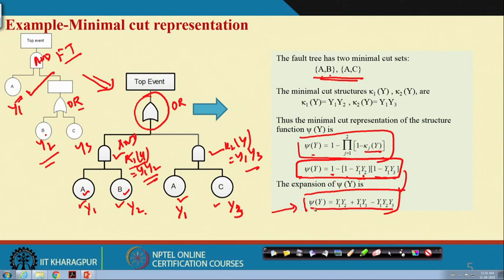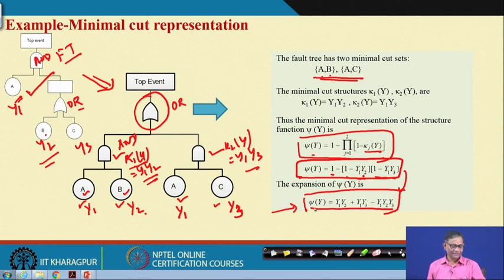Okay. But when you make the minimal cut representation, things become easier because of this simple structure with OR and AND gates only. First find out the AND gate structure functions, then use the OR formula in algebraic form and get the final structure function.